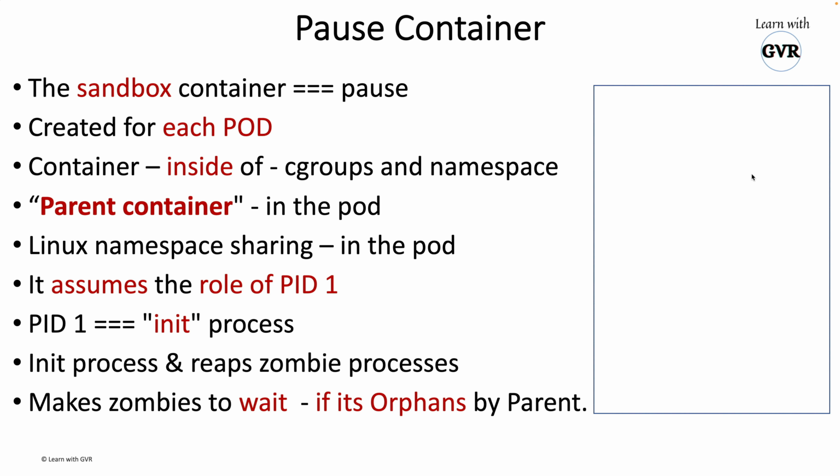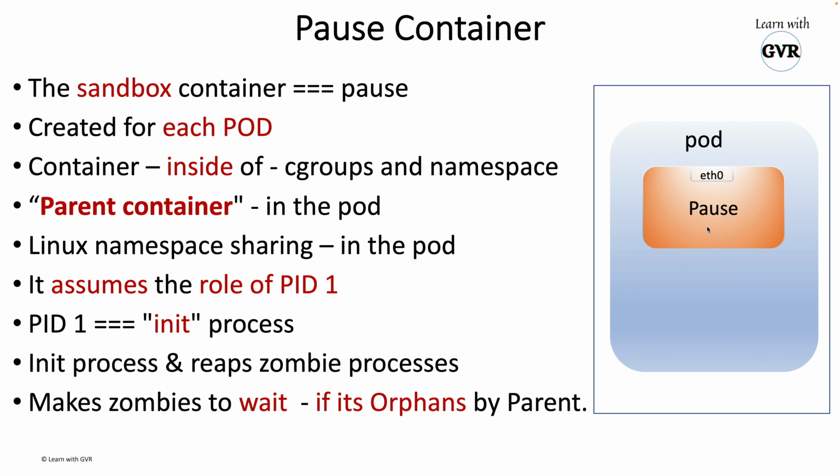Here this is the root namespace, and here is the parent pod network namespace. Under that a pause container will be created, which is a sandbox by default, and this will have an IP address, and the namespace will be shared. Here a Nginx container will be created. This will act as a parent container, right? And this is a child container, and this will take the role of PID 1, which is the init process.